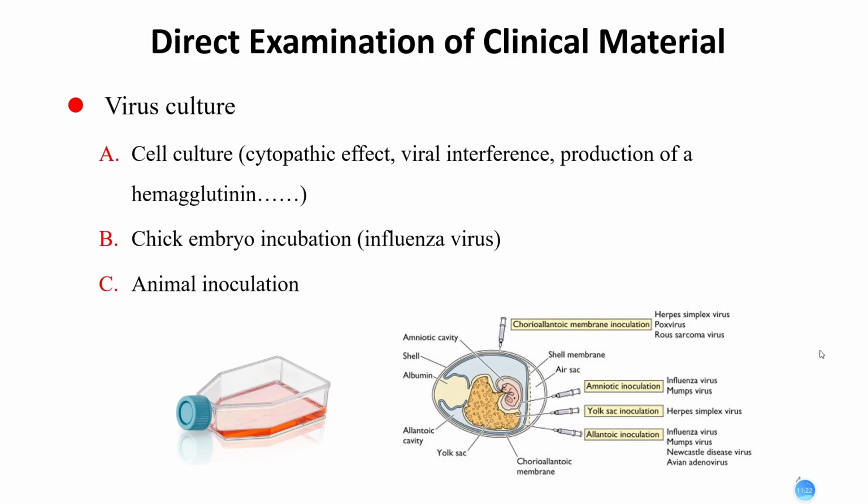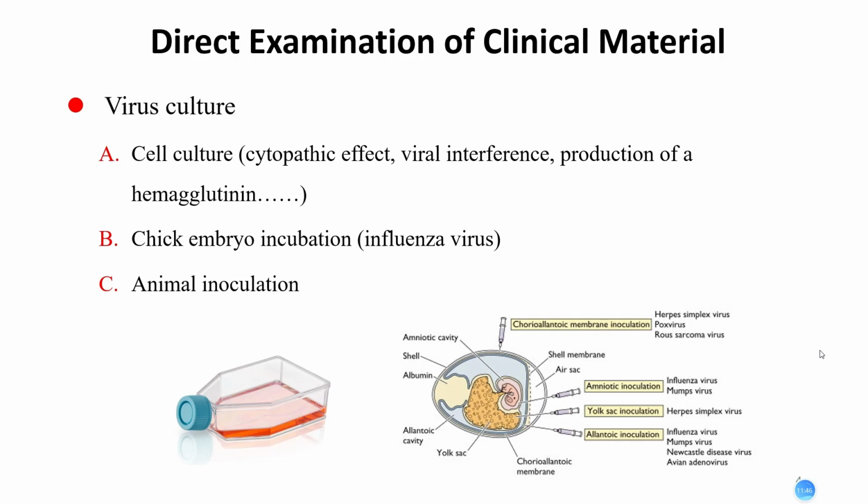Chicken embryo incubation allows you to harvest a large number of viral particles. Like the vaccine we are using against influenza, most of the vaccines are cultured in chicken embryo. It's low cost and can produce large numbers.